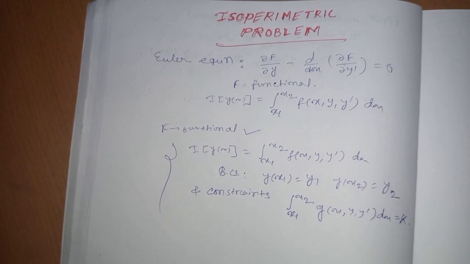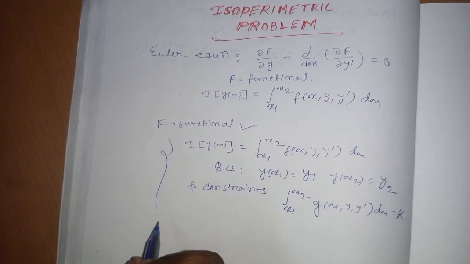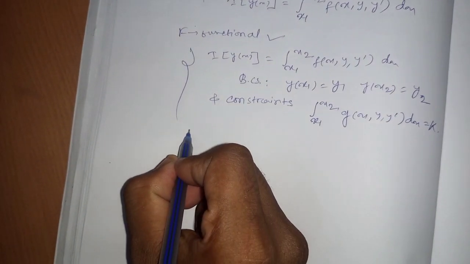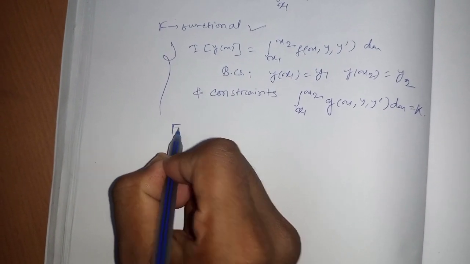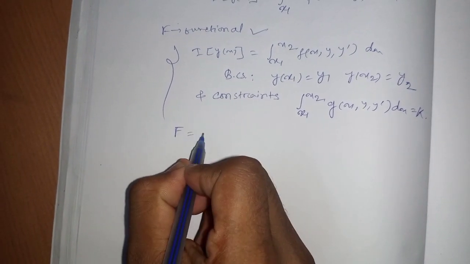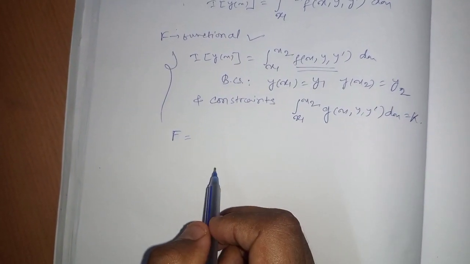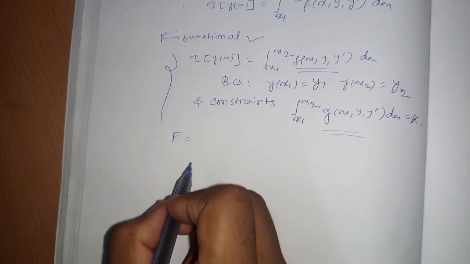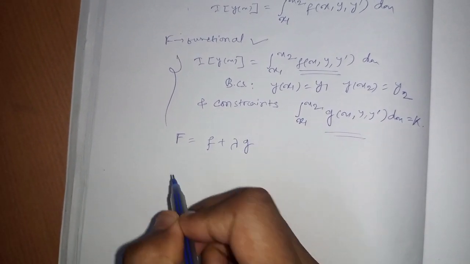Now, how to deal with this type of problem? We have to make another functional, say capital F. How? Taking the previous functional and the constraint like that, F equal to f plus lambda into g.